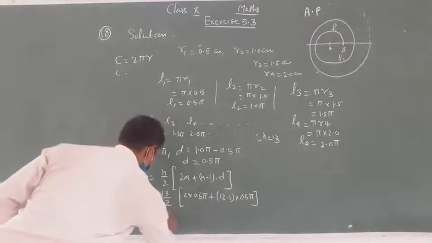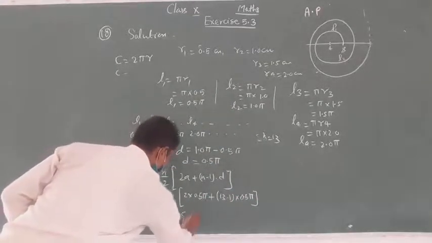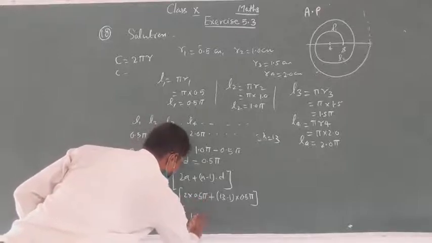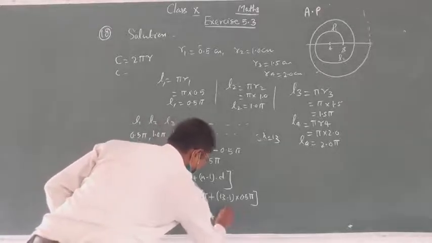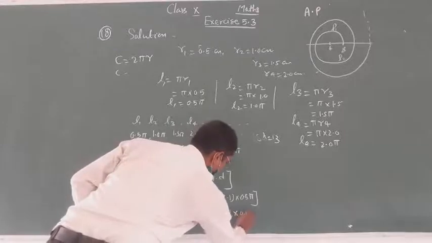So 13 upon 2 into 1.0 pi plus 12 into 0.5 pi.